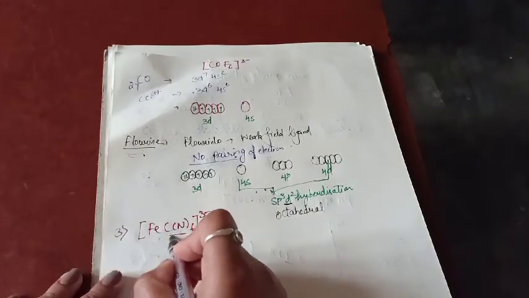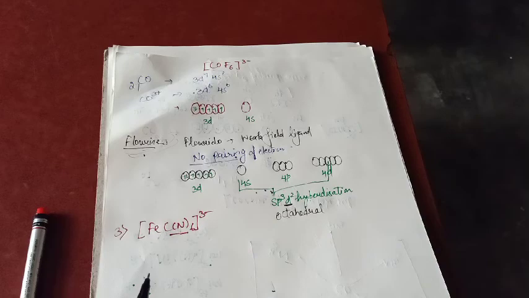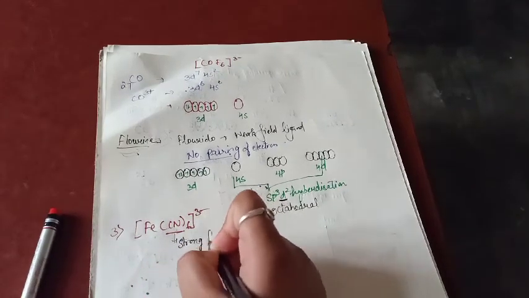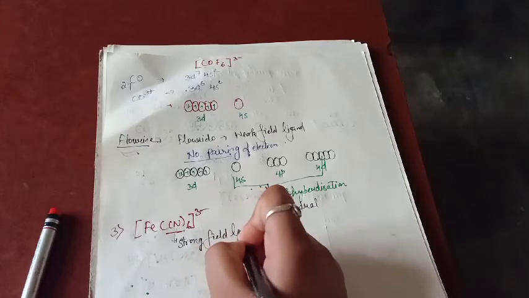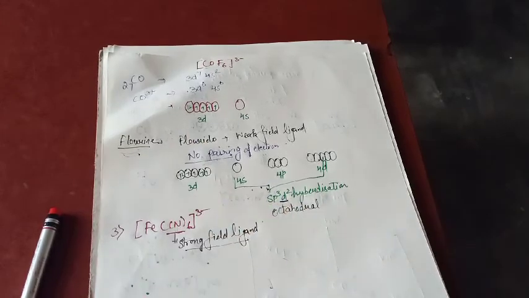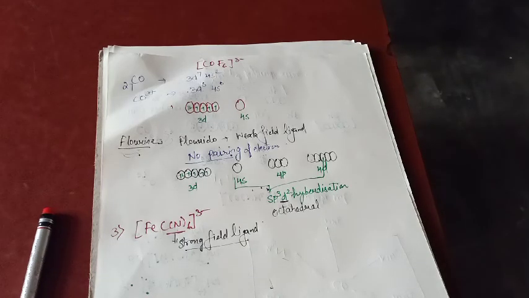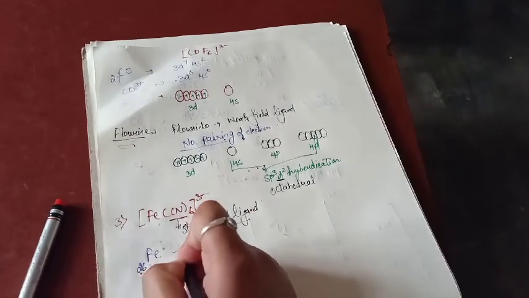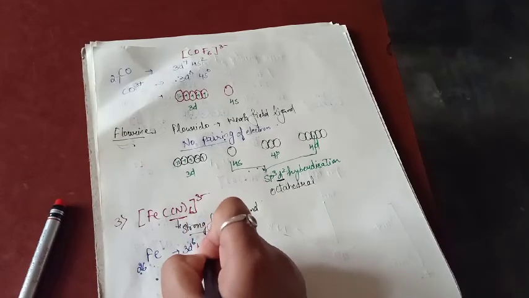Again one more thing, see here, this is CN negative, cyano. This is a strong field ligand. Okay, learn it. CN is a strong field ligand. So based on that, first of all, same thing, you will write the iron atomic number 26, 3d6 4s2.